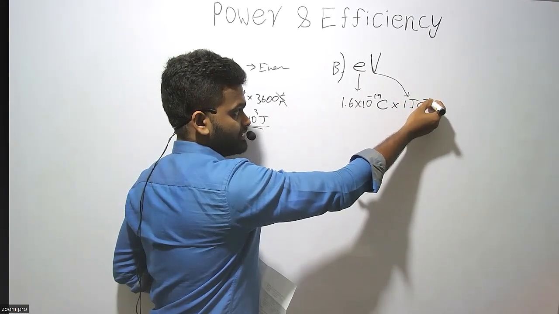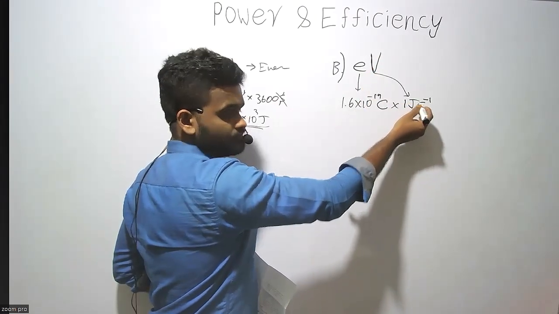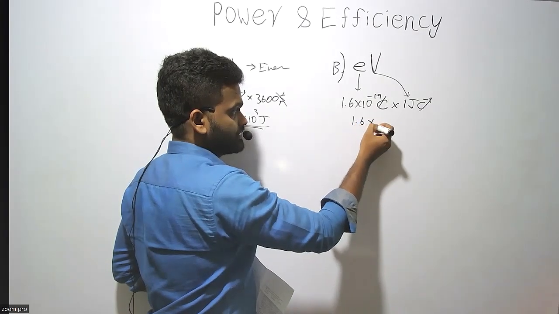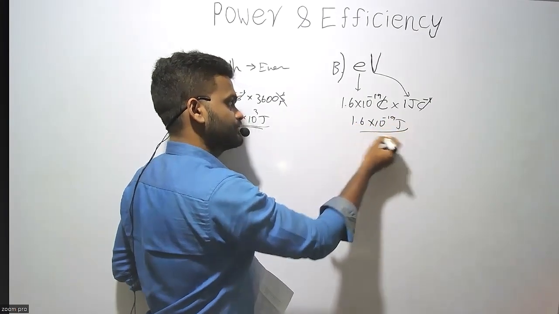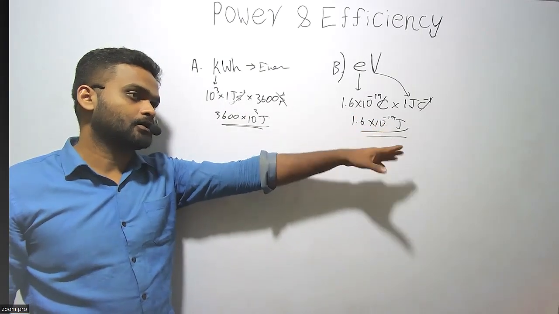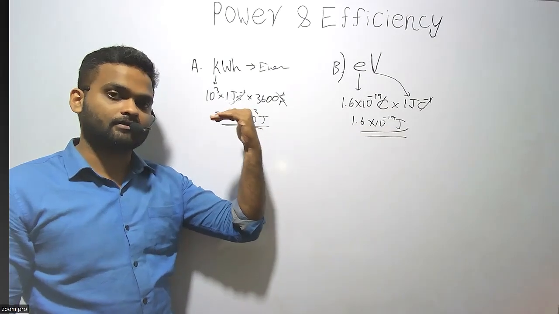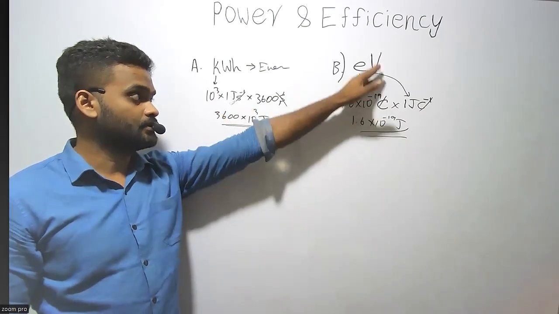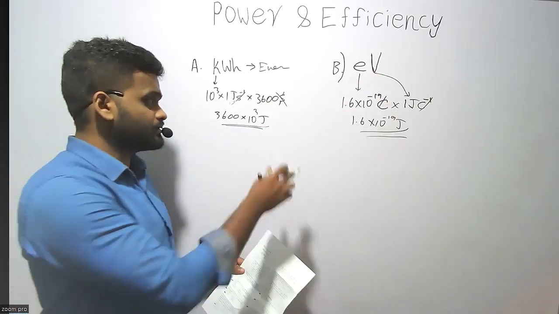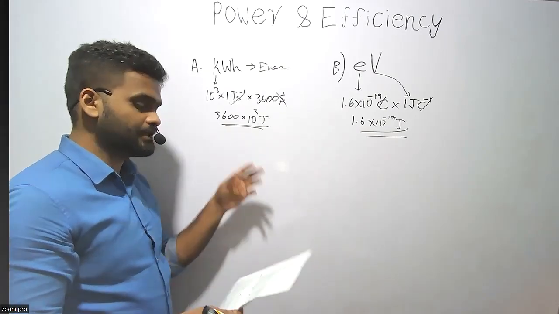You will learn this at electric fields. 1 volt is equal to 1 joule per coulomb. Then coulomb cancels off. What do you get? 1.6 times 10 to the power minus 19 joules. So this unit is useful when you are doing questions regarding atoms, right? Regarding energy levels of electrons, things like that. Oftentimes you have to use electron volts. Okay, so it is obvious that these two are not used to measure power but energy.